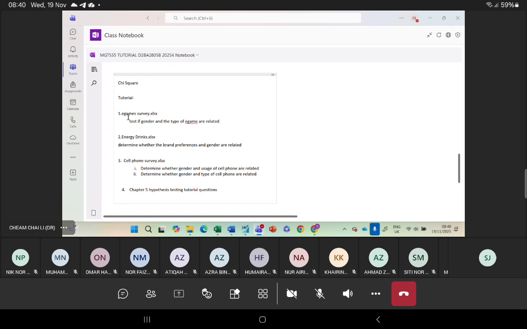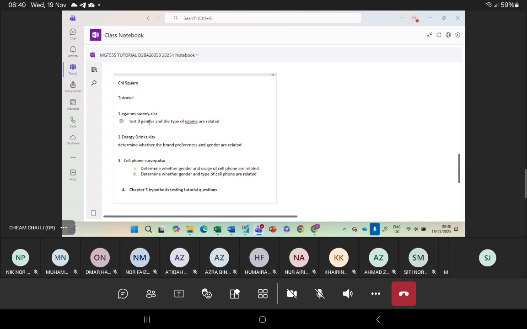First is using the e-games survey, and the question is, are gender and the type of e-games related? So biasanya kalau untuk chi-square, dia punya data tu dalam bentuk kategori atau dalam bentuk teks, tak ada nilai. So you have to go through the process that we learned the other day, right?